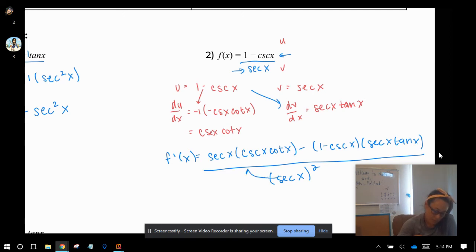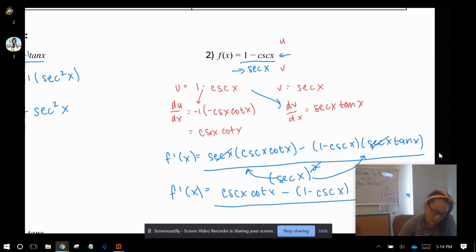So I'm going to divide it into here, and I'm going to divide into here, giving me f prime of x is equal to, basically that's going to go away. So cosecant x times the cotangent of x minus 1 minus cosecant x times tangent x all over secant x, and that's fine.